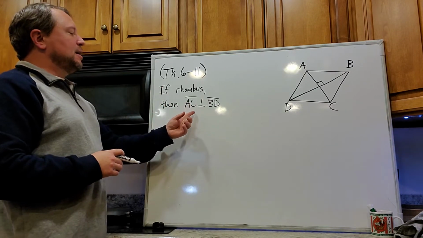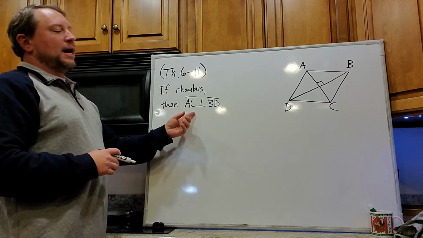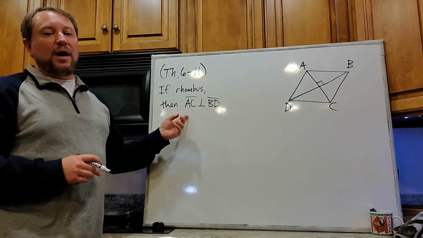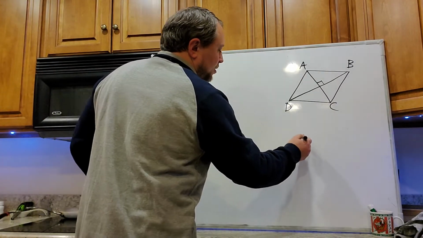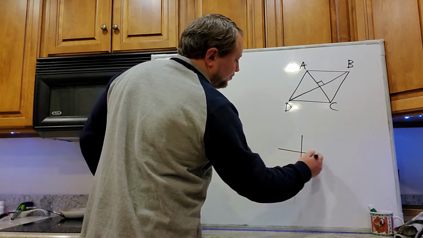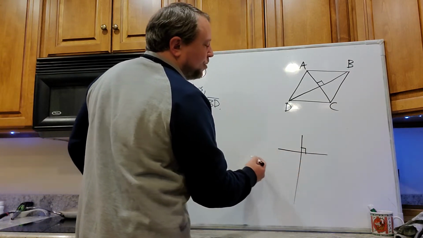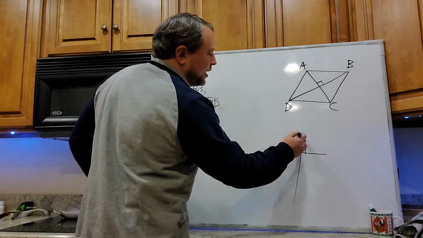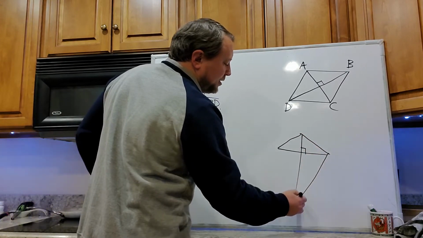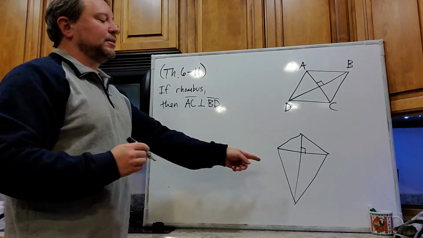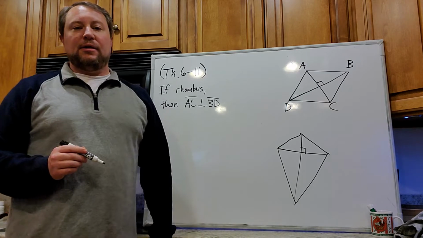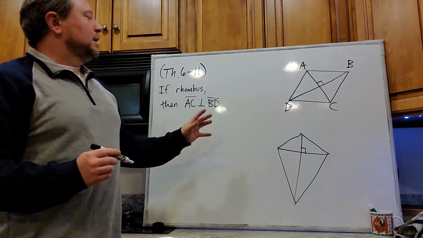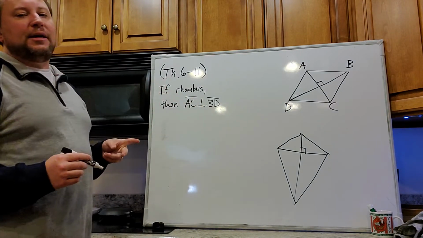You can't just say if the diagonals are perpendicular, then it'll be a rhombus. Because after all, look at a picture like this one. If I make these 2 be perpendicular to each other and I connect this, you'll notice that this is not a rhombus. In fact, it's a kite instead of a rhombus. So it's not enough just to reverse this idea.